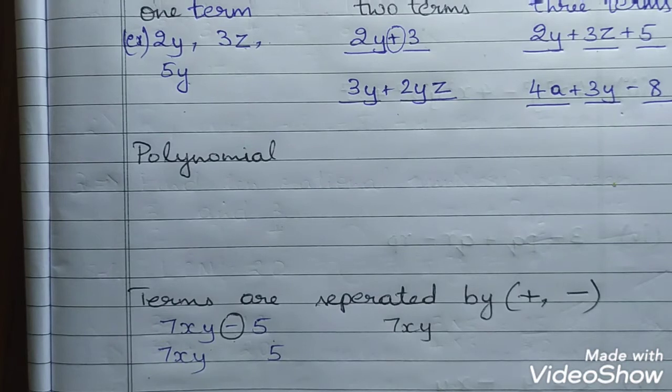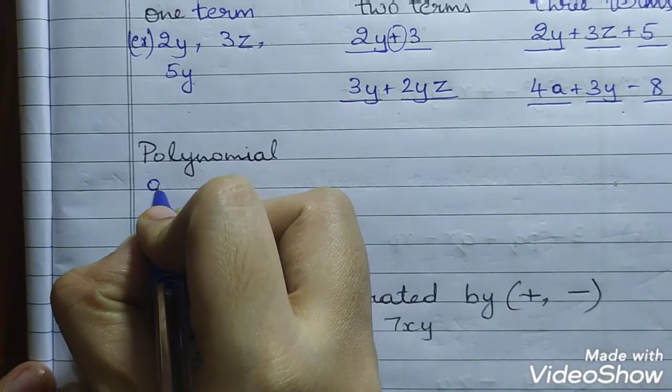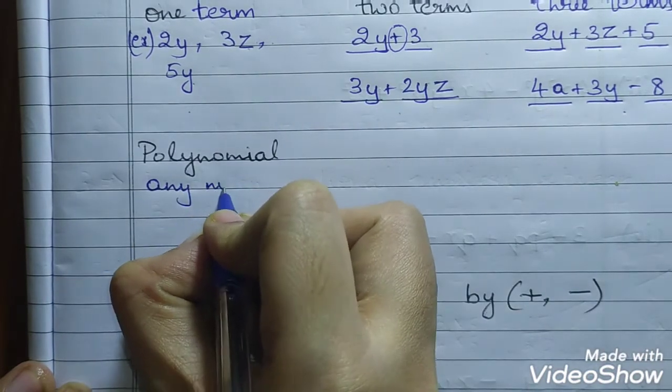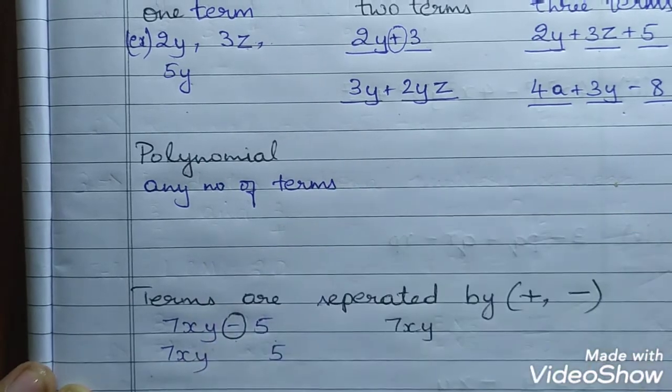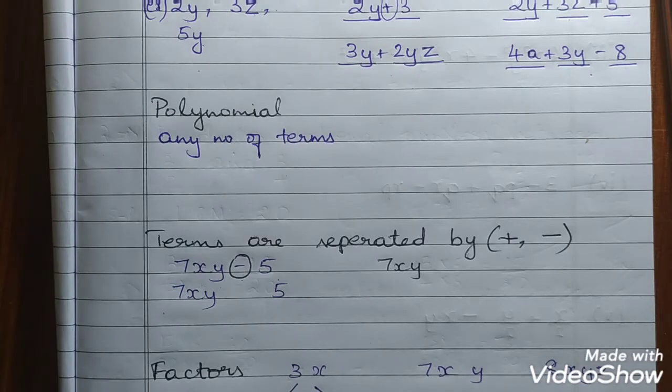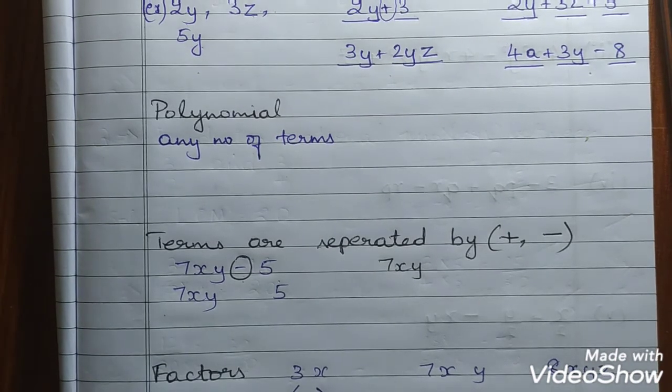Polynomial. Polynomial can have any number of terms. So 1 term, 2 terms, 3 terms, all these come under polynomial.